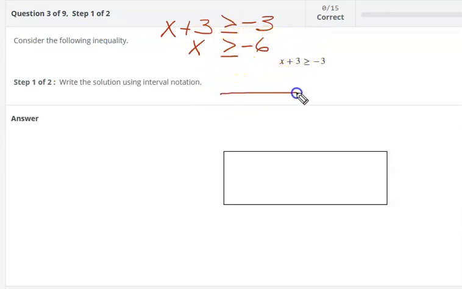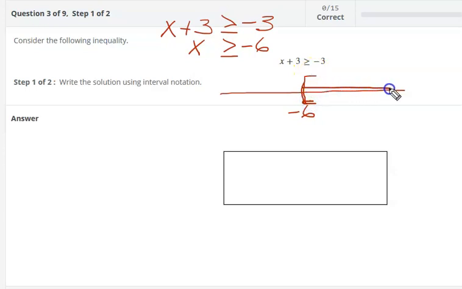Now, they're asking us to write the answer in interval notation. So based on what we've been doing, the number we're interested in here is negative 6. Now, what symbol do we put at negative 6? Well, because it's also equal to negative 6 and greater, we're going to use a bracket, and it looks like that.